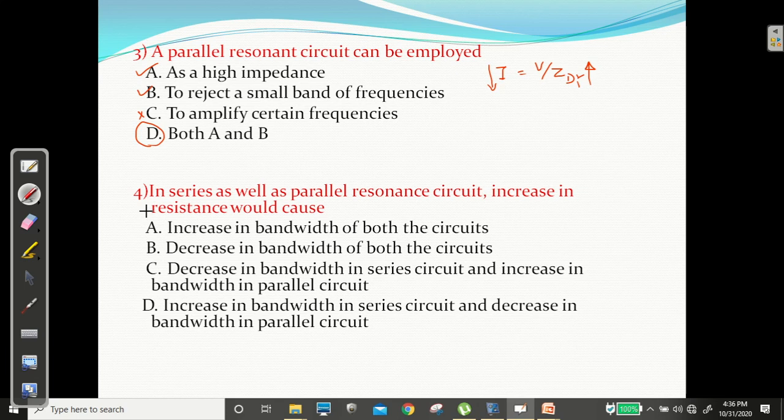Question number 4. In a series as well as parallel resonance circuit, increase in resistance would cause increase in bandwidth. Yes, bandwidth equal to F2 minus F1 equal to R/2 pi L. Increase in resistance would cause, if resistance increases, bandwidth will increase, right?